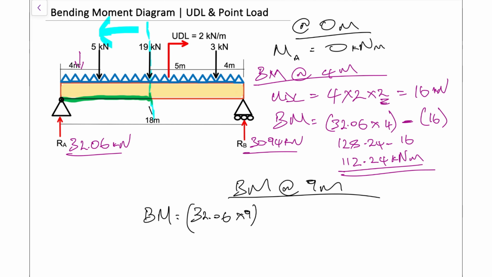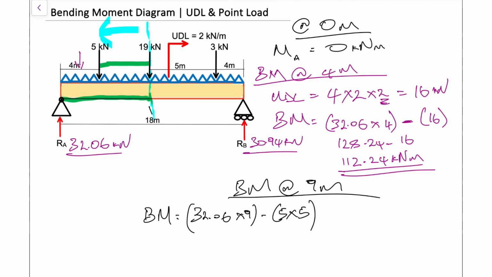And our distance of the 5 kilonewtons to that same pivot point is 5. So we are going to have now 5 multiplied by 5. So notice now, I'll draw in green again, that distance there is shorter. So it's not the same as our reaction force distance, because it's the distance of the force to that blue line that we're looking at.